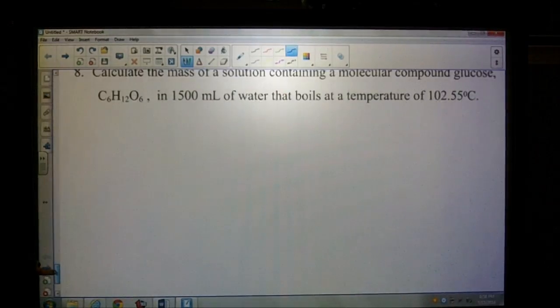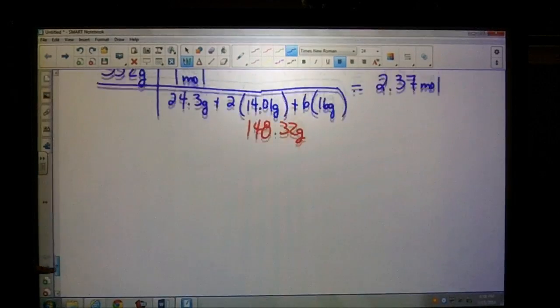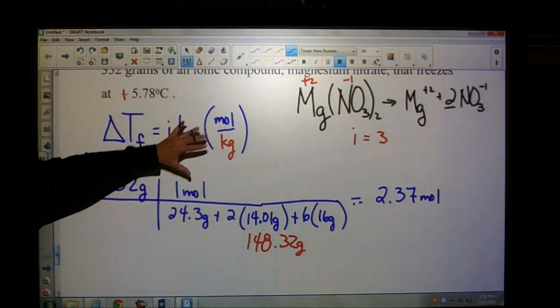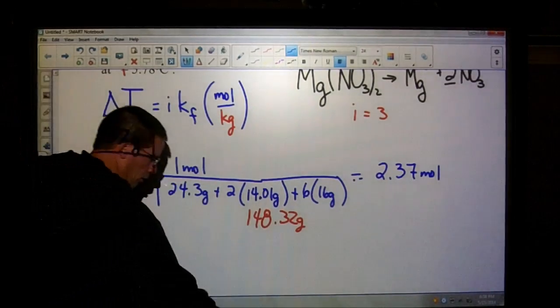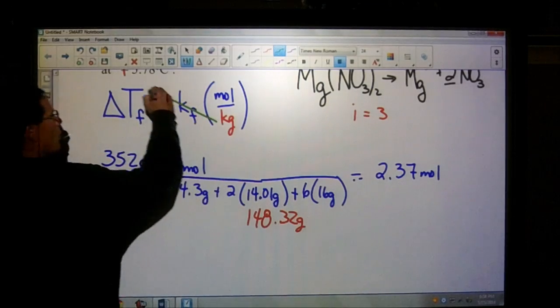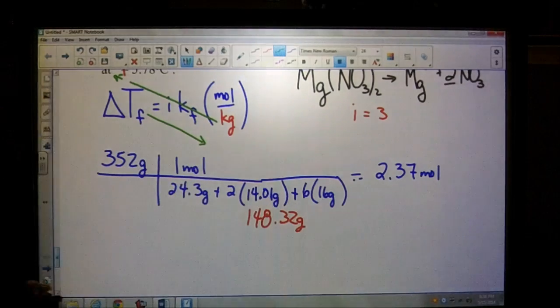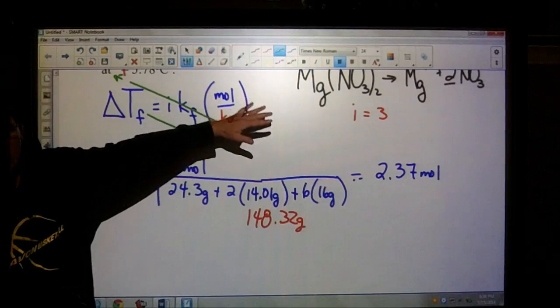Let me see if I can scoot you down. Move you down, give you more room. I think this last one's good. So here we go. We're going to rearrange this equation to where I take my kilograms and multiply it on both sides, and I'm going to divide my delta Tf on both sides. So again, I'm multiplying kilograms on both sides, which will cancel it on the right side.